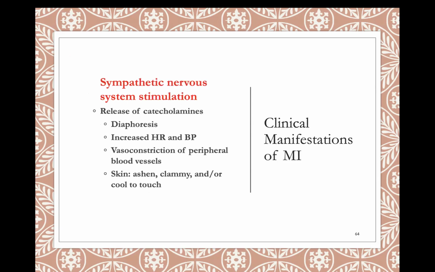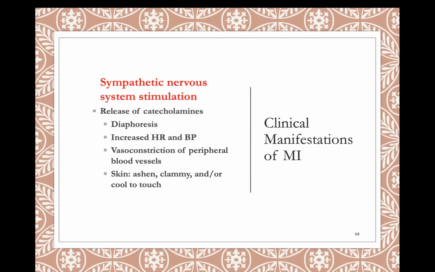So usually when people start having an MI, the sympathetic nervous system reacts by releasing catecholamines like epinephrine and norepinephrine. This causes symptoms like diaphoresis, which is sweating, increased heart rate, increased blood pressure, vasoconstriction of the peripheral blood vessels.